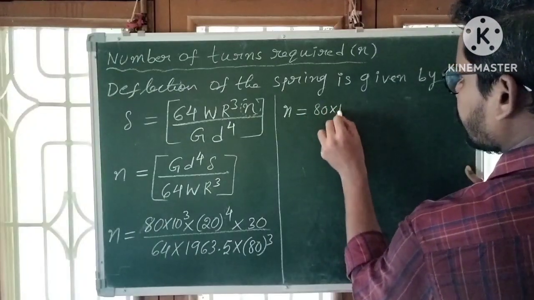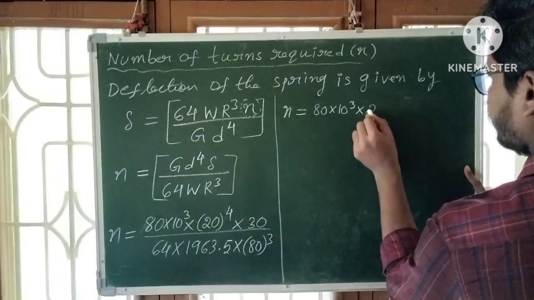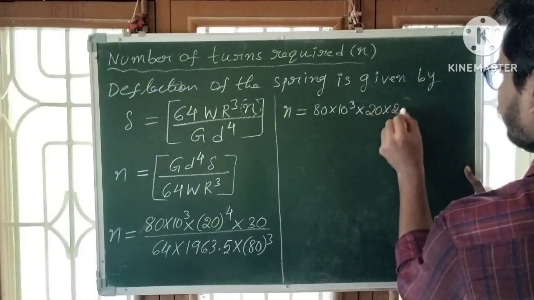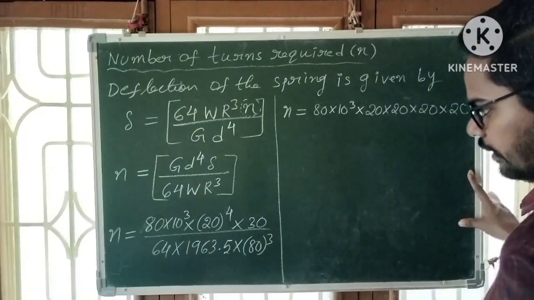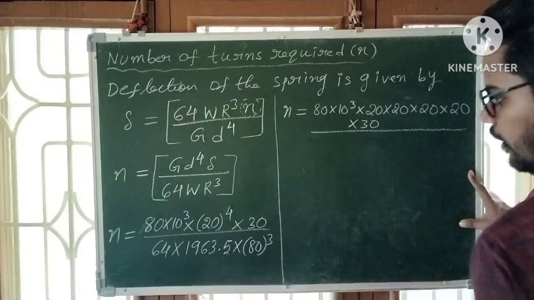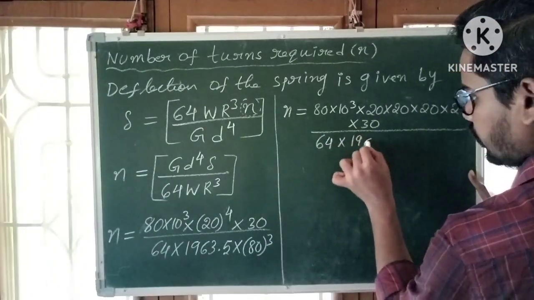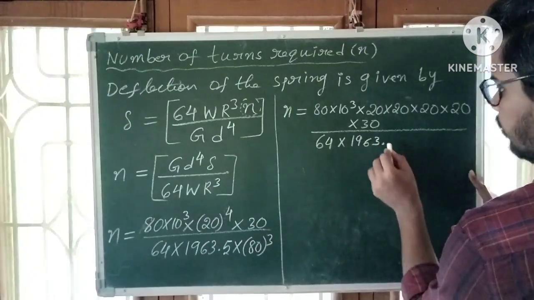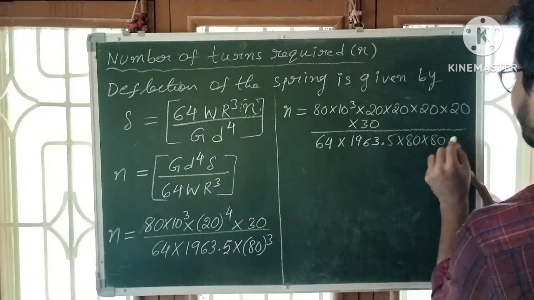80 into 10 cube into 20 power 4, means 20 into 20 into 20 multiplied by itself 4 times, into 30, whole divided by 64 into 1963.5. I just want to do manual calculations without using a calculator.